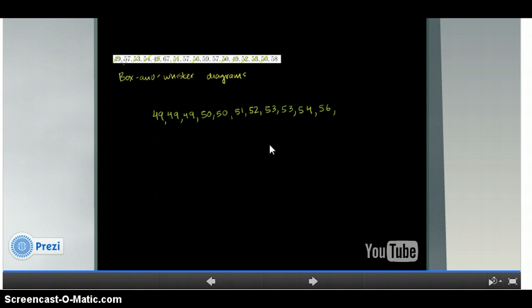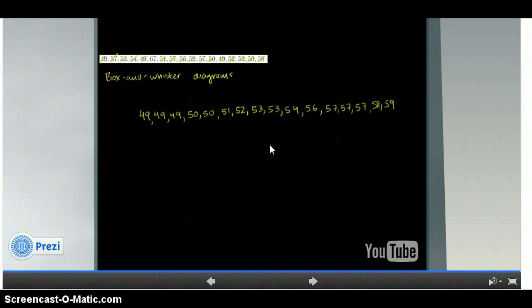I have three of them. 57s, and I've got a 58, a 58, a 59. Let me scroll over a little bit. And then I have a 67, and I'm done.